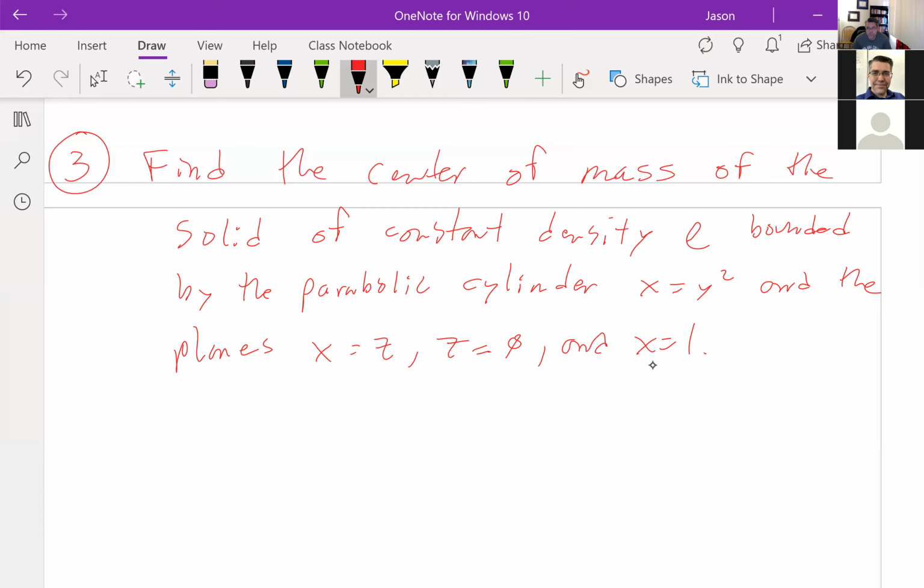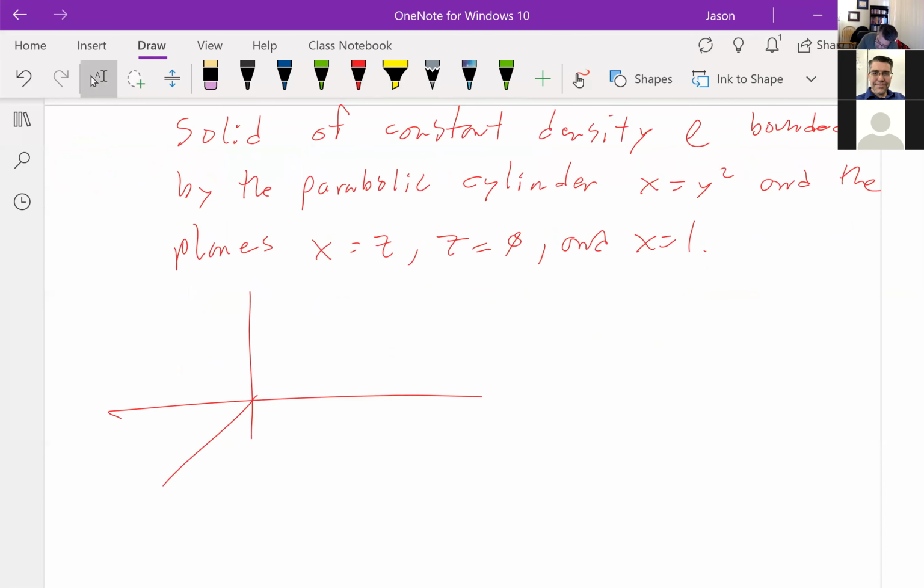Okay, so we've got this parabolic cylinder, x equals y squared. What does this parabolic cylinder look like? Well, it's x equals y squared. So if this is x and this is y, and you're thinking of x versus y, this would kind of look like the positive and negative square root function.